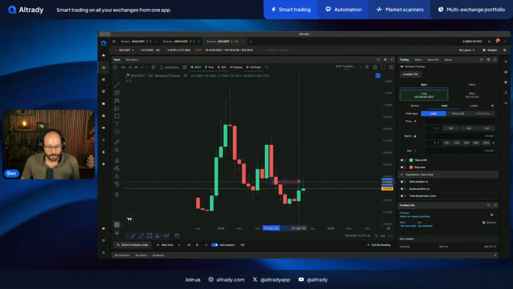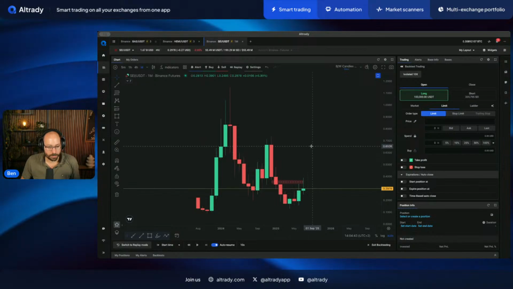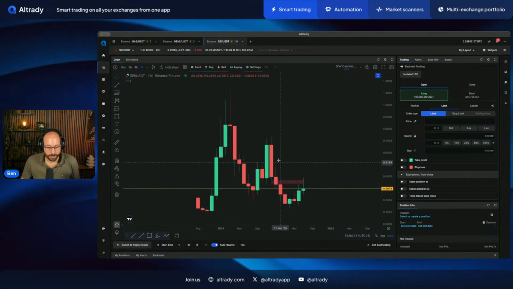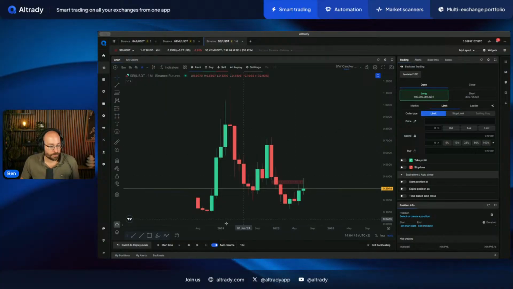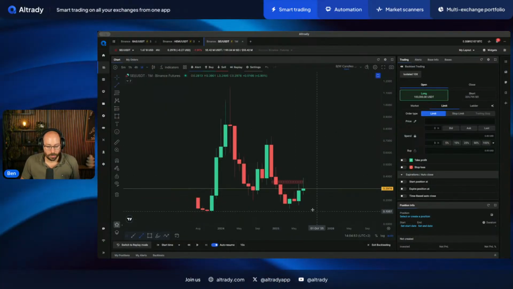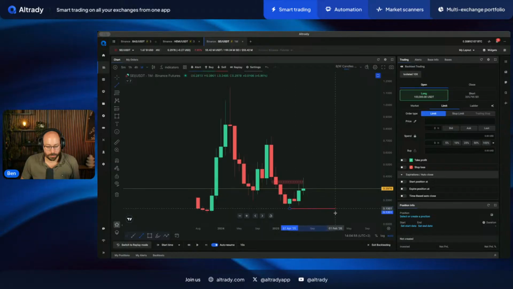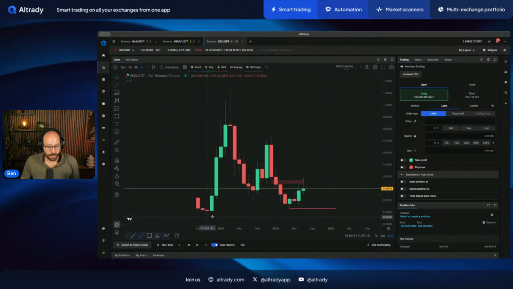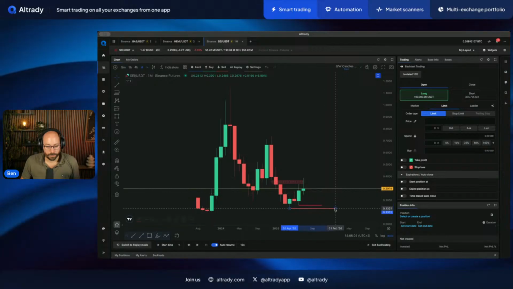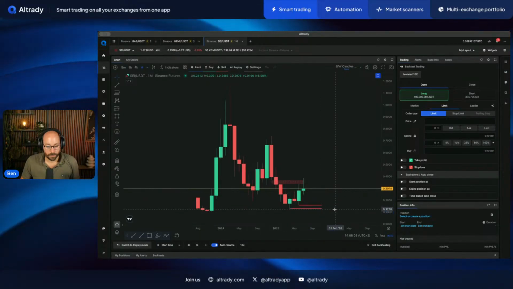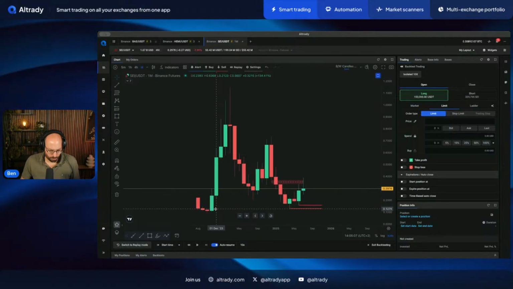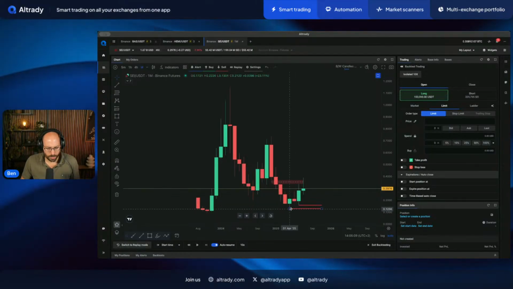What I see here is that we just cleared this monthly fair value gap, and there looks like a rejection of it. So that's interesting. In terms of targets, probably somewhere here and there. It almost took out this fair value gap and had a strong reaction.